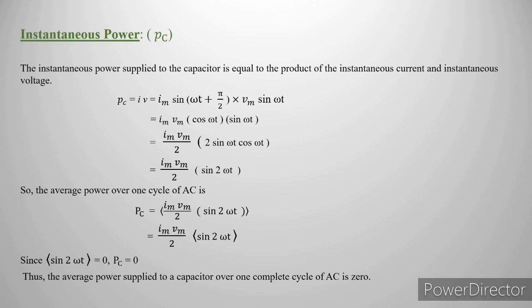That is equal to Im Vm by 2 into average of sin 2 omega t. Since average of sin 2 omega t is equal to 0, Pc is equal to 0. Thus, the average power supplied to a capacitor over one complete cycle of AC is 0.